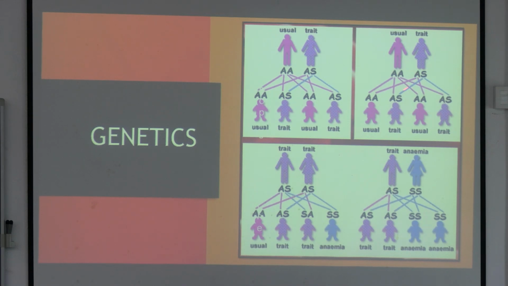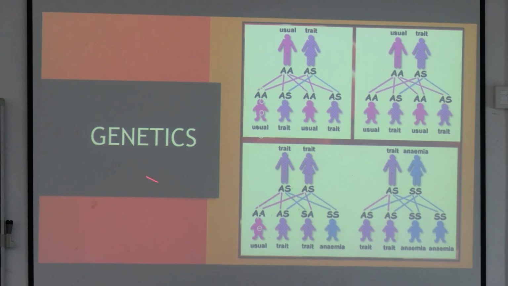Okay, this is the same, if one parent is normal, 50-50 chance of getting normal adult hemoglobin and 50% chance of trait. Okay, now if both are trait, then 50% chance of trait, 25% chance of disease and 25% chance of usual or normal individual.